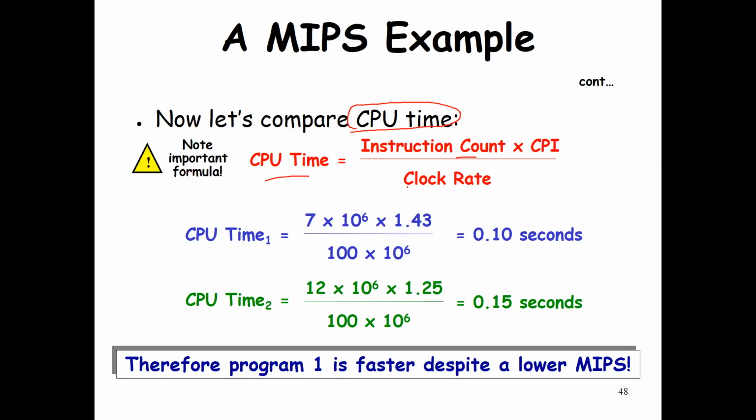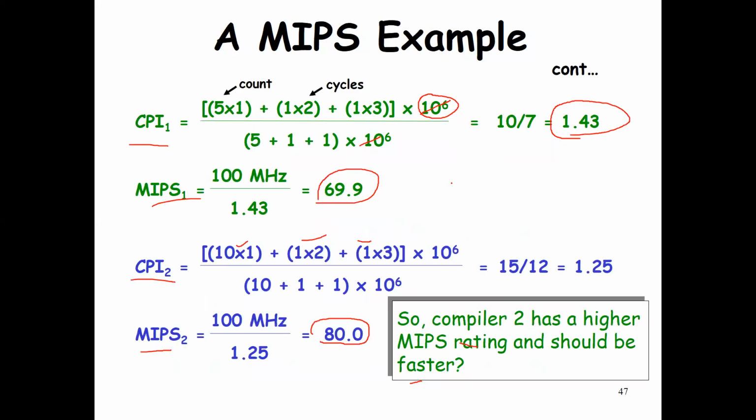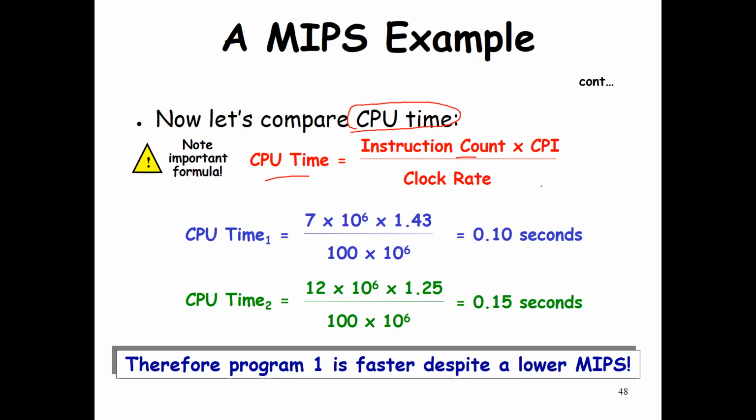So it is 7 into 10 to the power 6 into 1.43, divided by 100 into 10 to the power 6. The powers cancel, and 7 into 1.43 by 100 is 0.10 seconds.